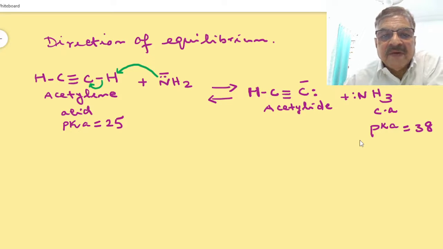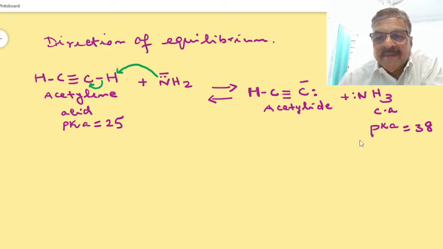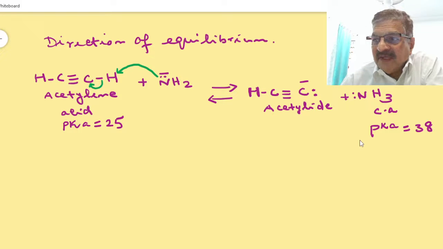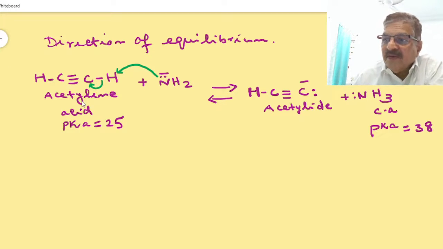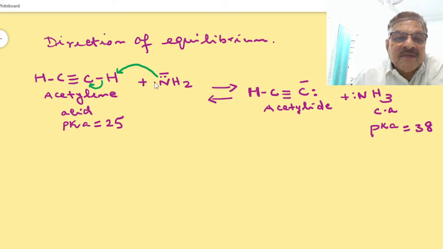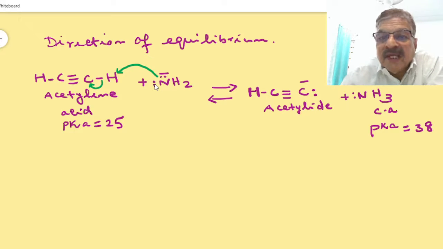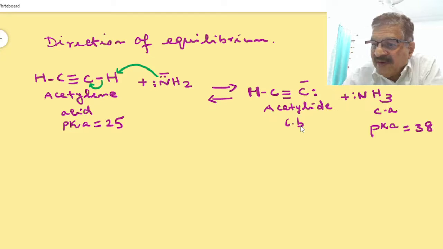This amide ion we get by the deprotonation of ammonia. That is, a proton removed from ammonia gives NH2 minus. So acetylene is reacting with this NH2 minus; there should be one more pair of electrons here. Then this forms the acetylide anion, which is the conjugate base here, and ammonia is the conjugate acid here.